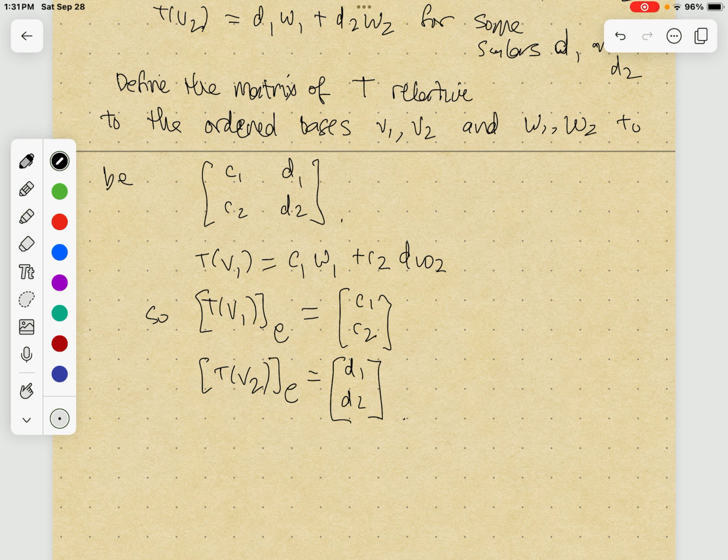I have this 2 by 2 matrix, and I take the first column to be T of V1 relative to the basis W1, W2, and my second column is T of V2 relative to the basis W1, W2. All right, so T of V1 is C1 W1 plus C2 W2, T of V2 is D1 W1 plus D2 W2. That's how I'm making my matrix.